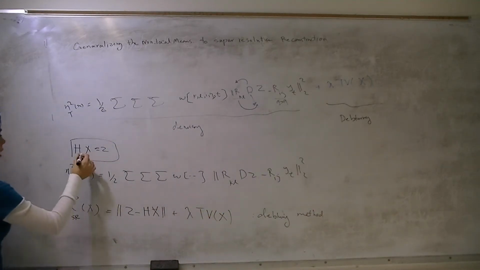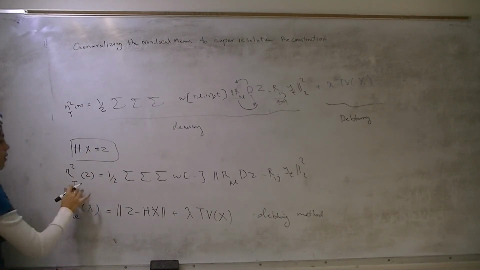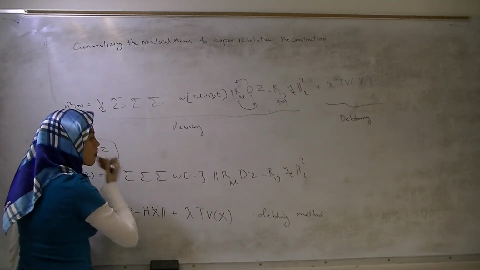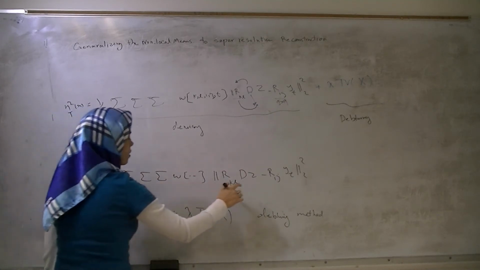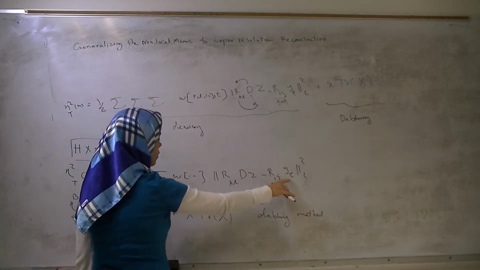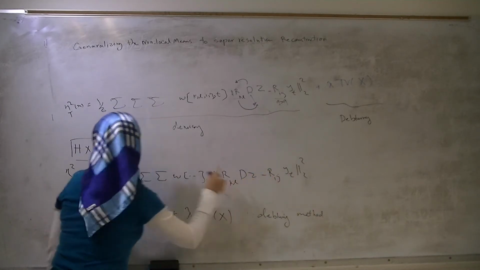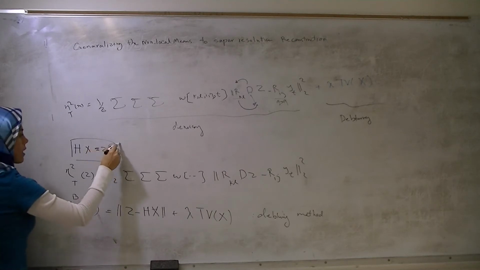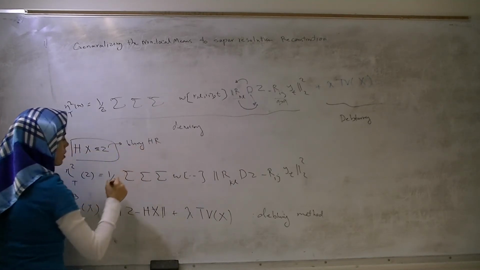Because as you see here, the z is the blurry high resolution image. We are finding the z after denoising of the z, and we have the z as a blurry high resolution image.